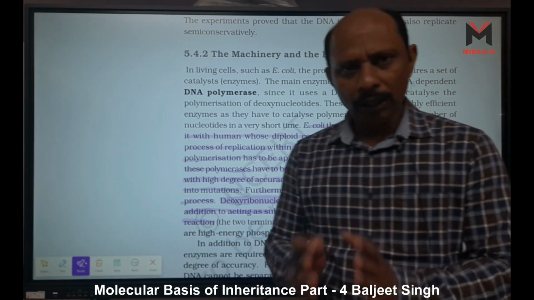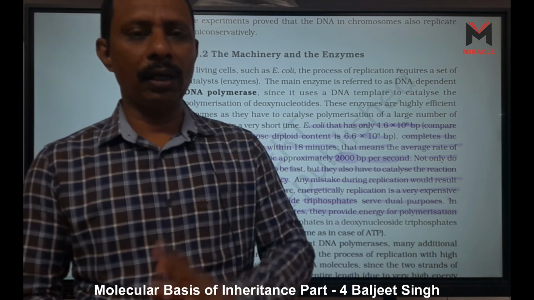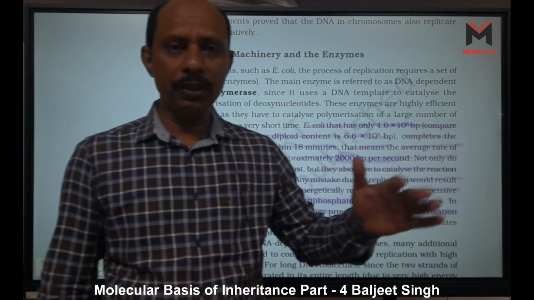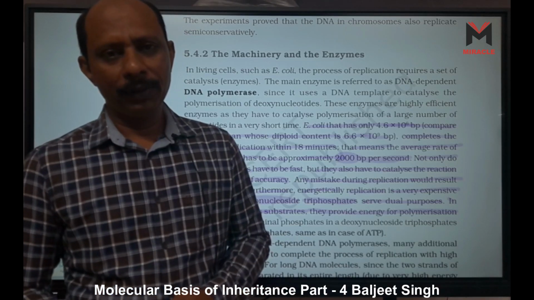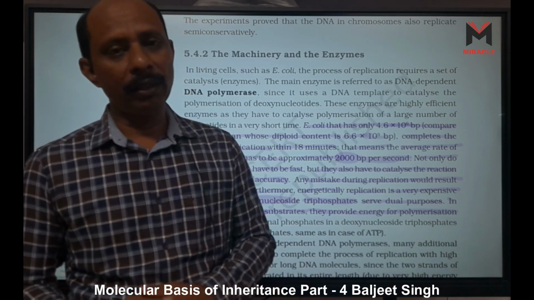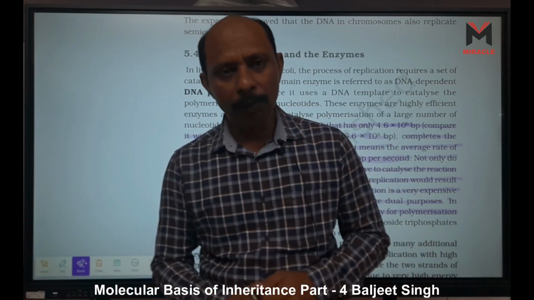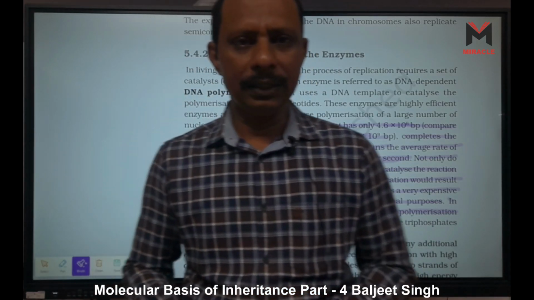Here ATP is converted into AMP, not only into ADP. Two bonds are broken. First the first phosphate group is removed, then the second phosphate group is removed, then AMP is formed. AMP or GMP or CMP or TMP or UMP, we can say like this. So these triphosphates have dual purpose. First, they act as substrate, and second, they provide energy, right?